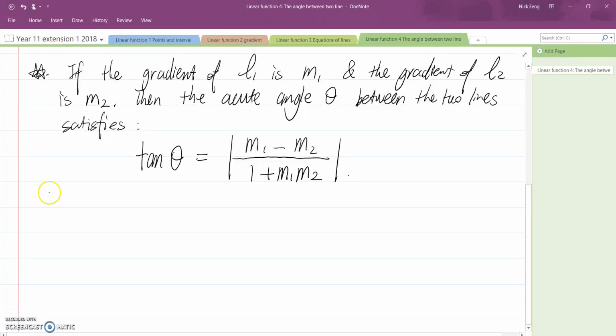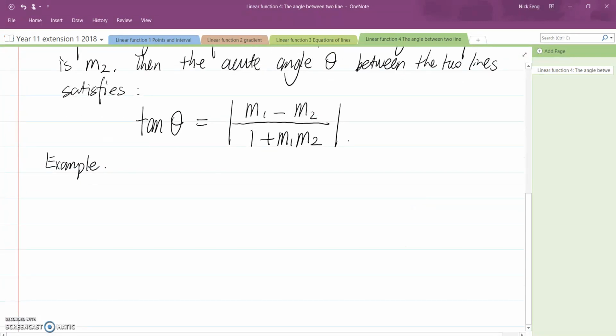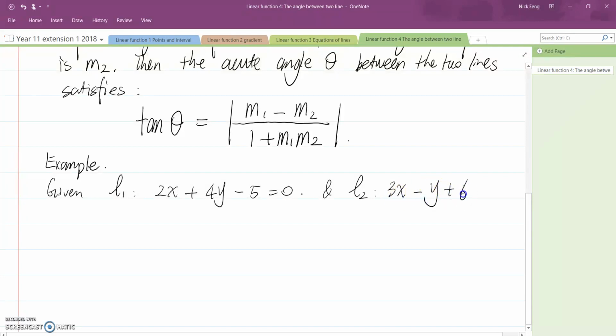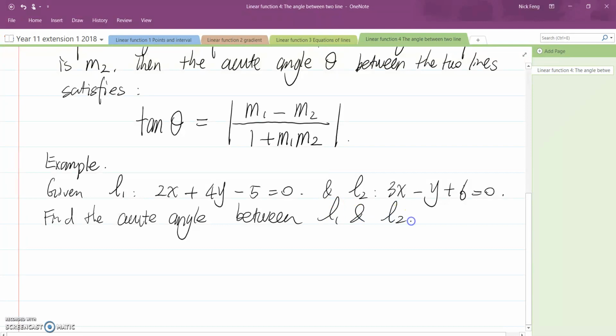So, example. Given that L1 is 2x plus 4y minus 5 equals 0, and L2 is 3x minus y plus 6 equals 0. Find the acute angle between L1 and L2.